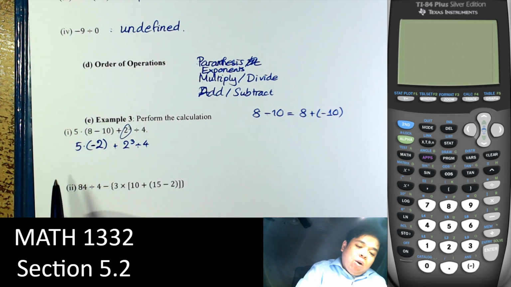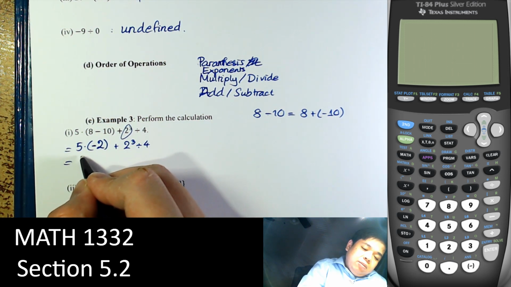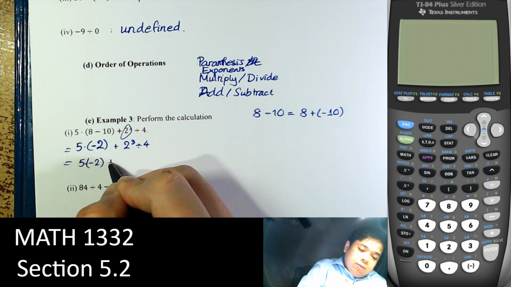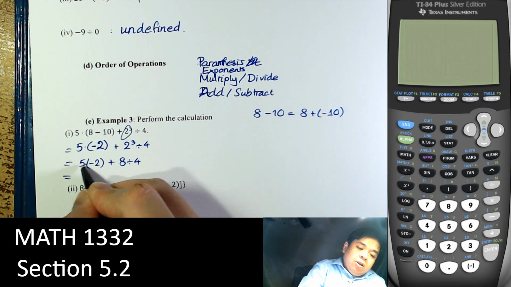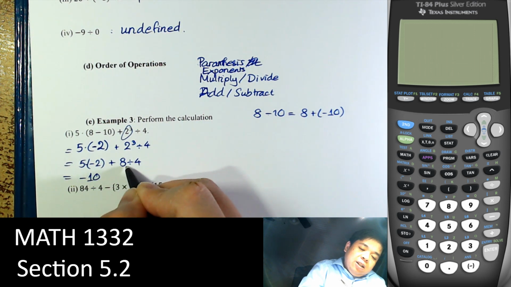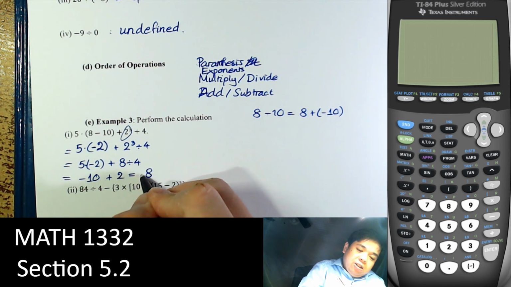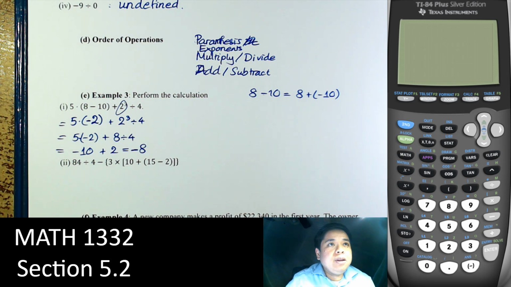Right. Now all of this, the power will be next. That gives us negative 10 plus 2. Opposite signs, subtract. That's negative 8. Right?